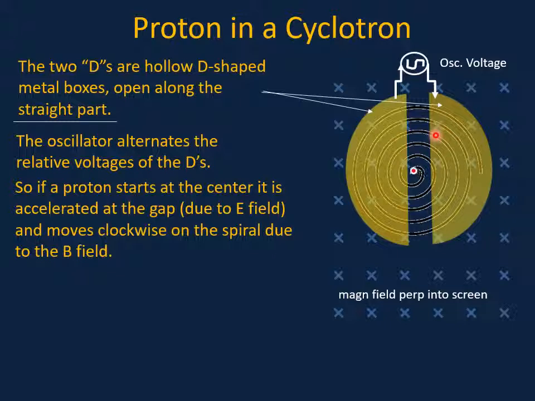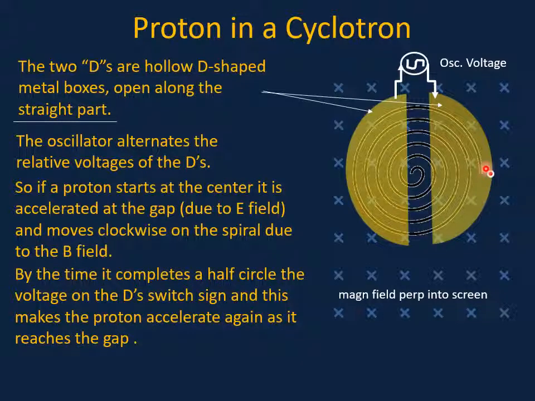So this periodic switching is what makes the proton spiral faster and faster, and eventually it comes out of the cyclotron at a very large velocity.